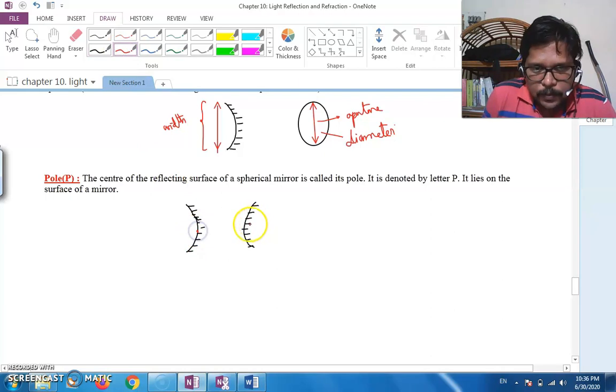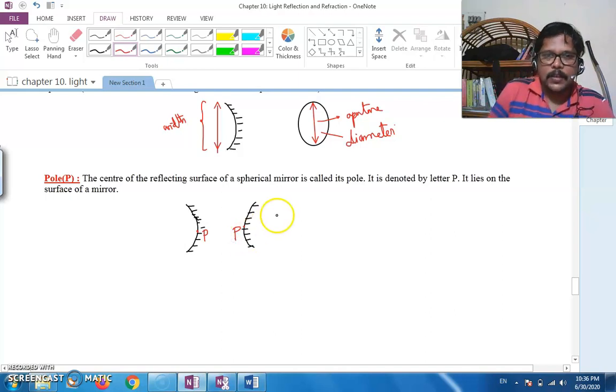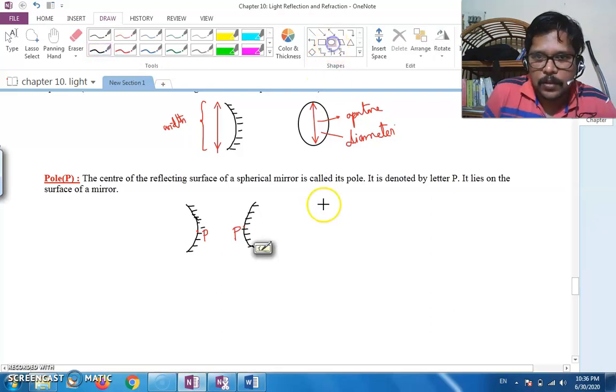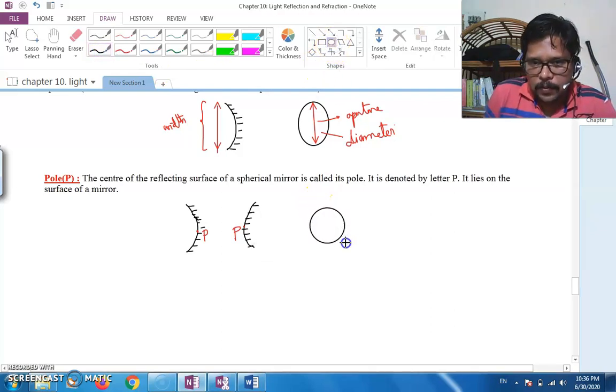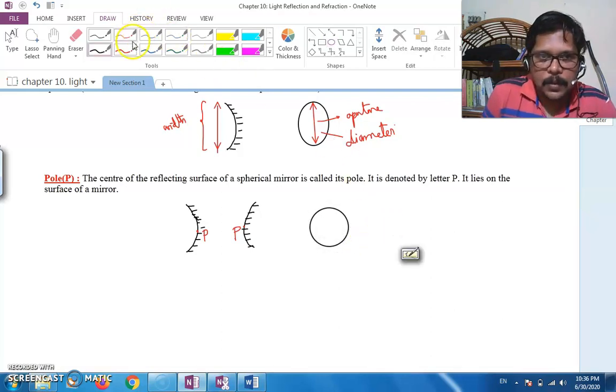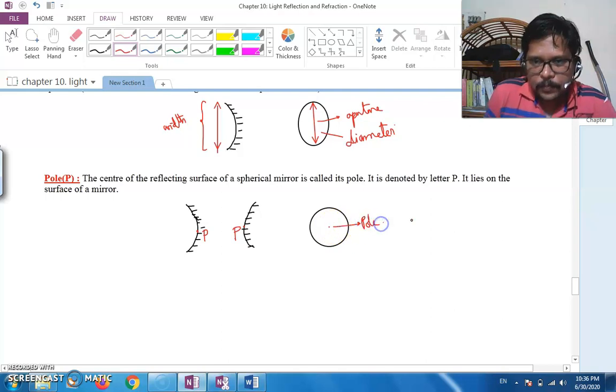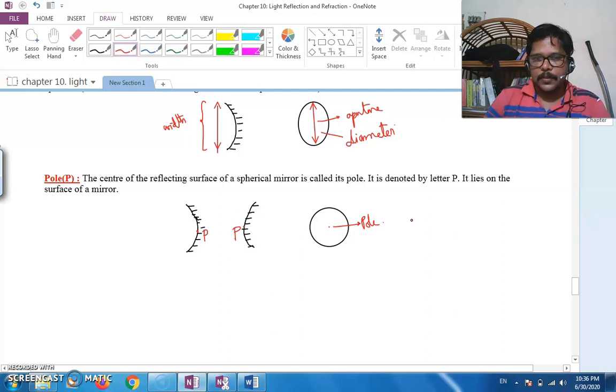This point, which lies exactly at the center of the reflecting surface, is called the pole. For you to understand, I'm going to draw the front side, the reflecting surface. So that's the spherical mirror. For this spherical mirror, exactly the midpoint of the reflecting surface, we call this midpoint the pole. Midpoint of the reflecting surface is called the pole.